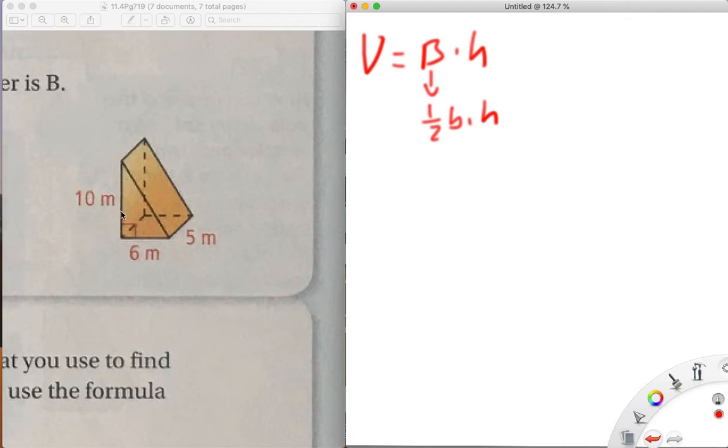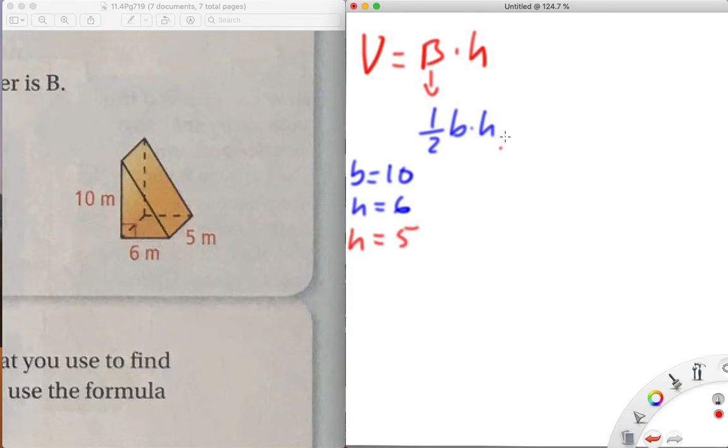And in this case, the height of the triangle is 6, and the base of the triangle is 10.